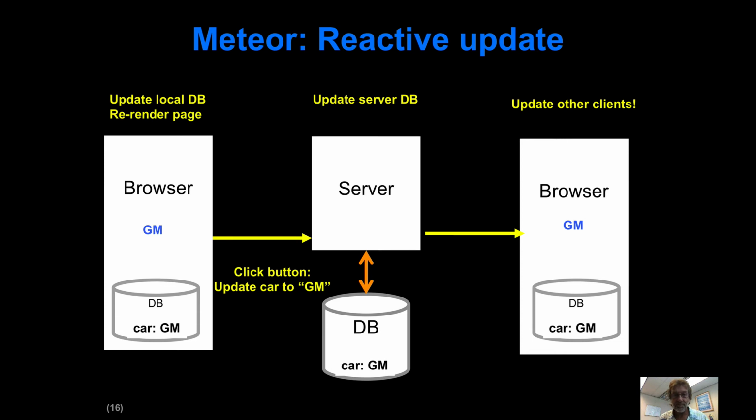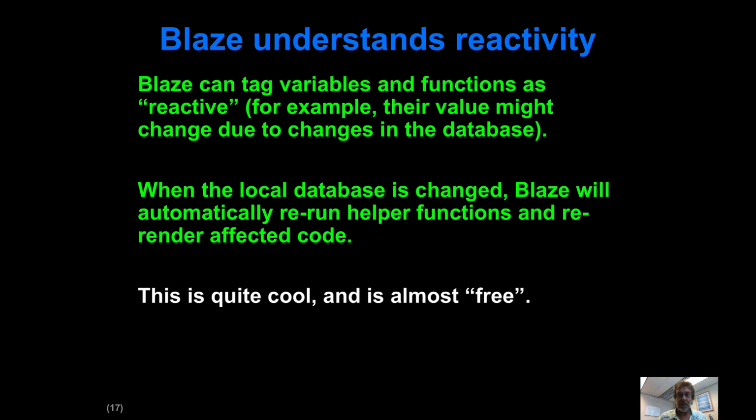Okay? So that's what Blaze actually does. That's one of the values of using Blaze, or one of the other templating languages that's tightly integrated with Meteor, is that they know how to update the rendered page when the underlying database changes.